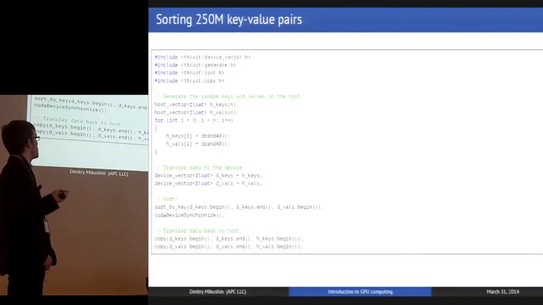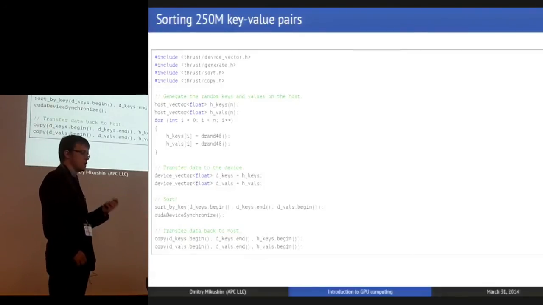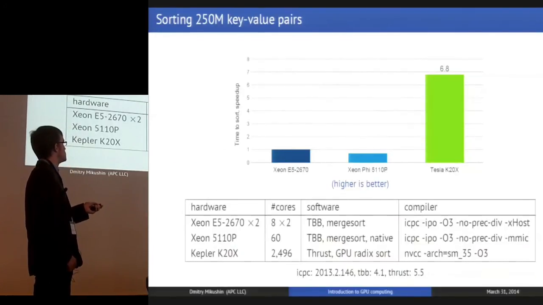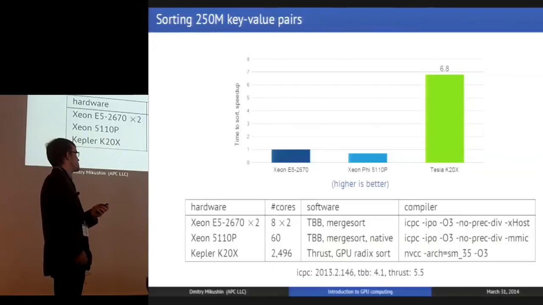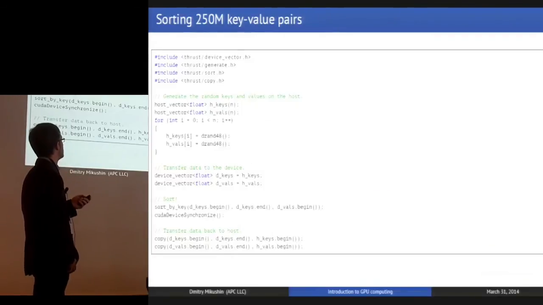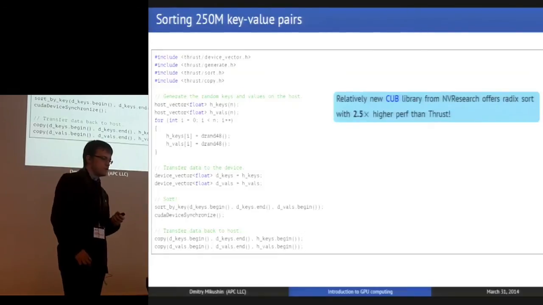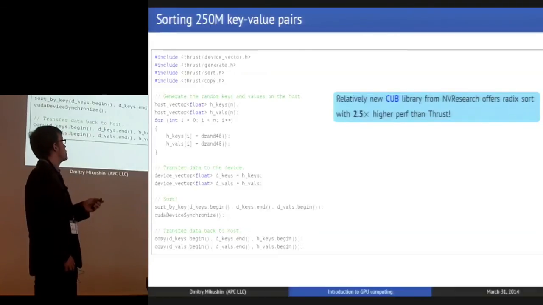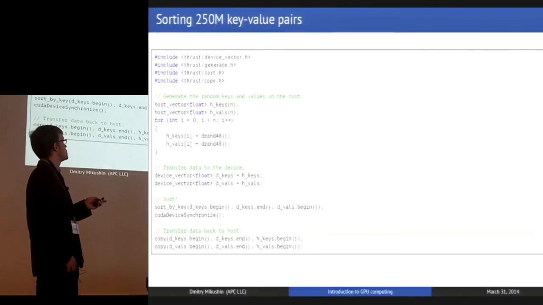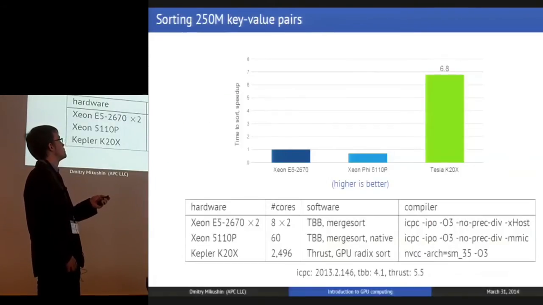The interfaces used here are similar to STL, because Thrust, which provides the GPU radix sort, is a kind of revised STL library for GPUs. Also, Thrust is currently a classic thing. It has been around for several years, and now NVLabs provides the CUB library, which can improve these numbers even further by a factor of 2.5.